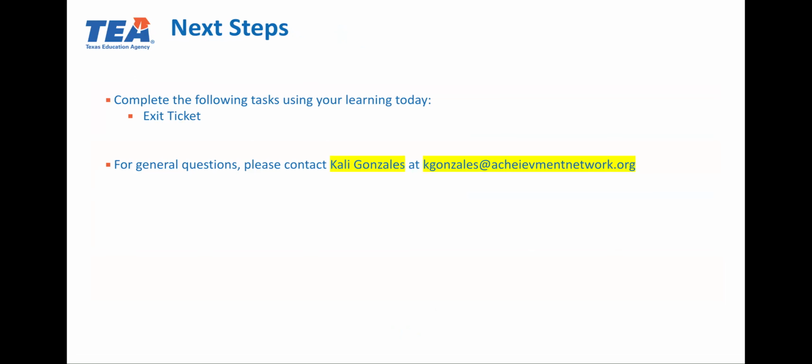The next thing is when there's a drop down to identify the provider, make sure that you scroll down and link Achievement Network. That is the provider that's supporting you right now, myself, Callie. And so Achievement Network is after the ESC, you'll find Achievement Network there in the exit ticket.